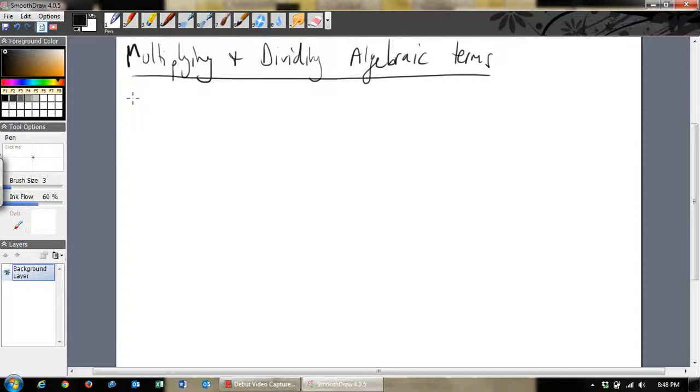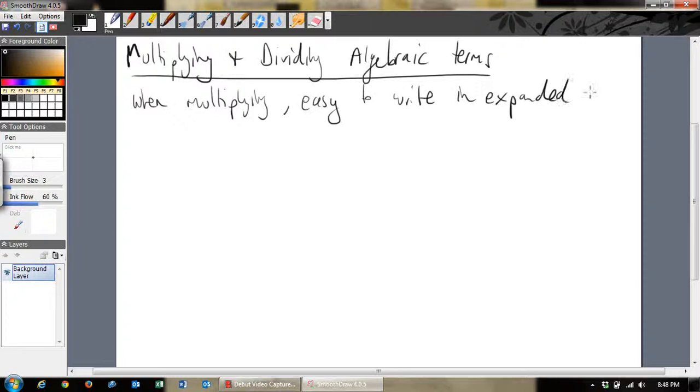The first thing that I like to teach students is when you're multiplying, sometimes it's just easy to write everything in expanded form, and I'll show you what I mean by that in a second. Easy to write in expanded form, and also another tip is that we can change the order.